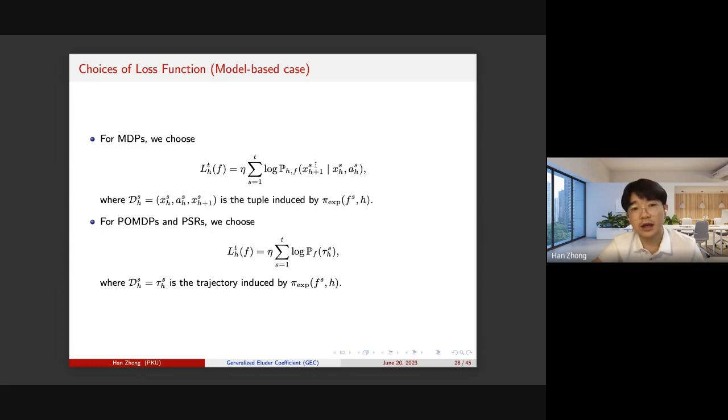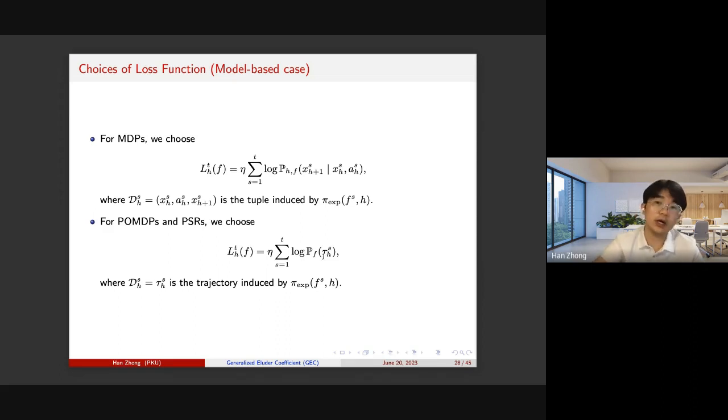For an MDP, we collect the data x_h, a_h, and x_{h+1}, so the probability of observing this data is P_h^f of x_{h+1} conditioned on the current x_h, a_h. For POMDPs and PSRs, the loss function is similar. We use the exploration policy to collect a full trajectory, and the loss function is the log probability of observing the full trajectory.